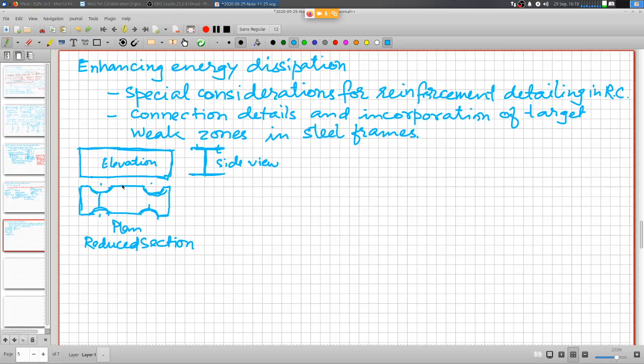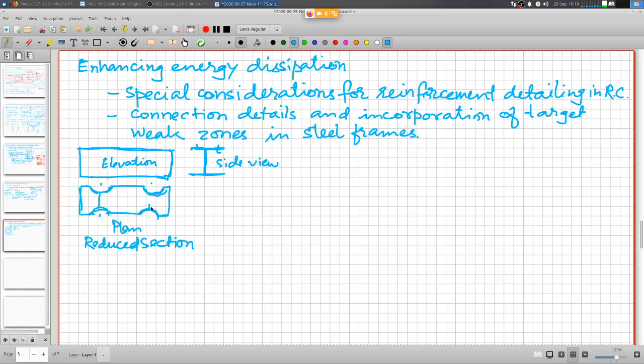Otherwise the entire beam is the same. It's very difficult unless you make other sections very strong by adding plates to increase their flexural stiffness. So this is a very convenient way, and the geometry is well defined.